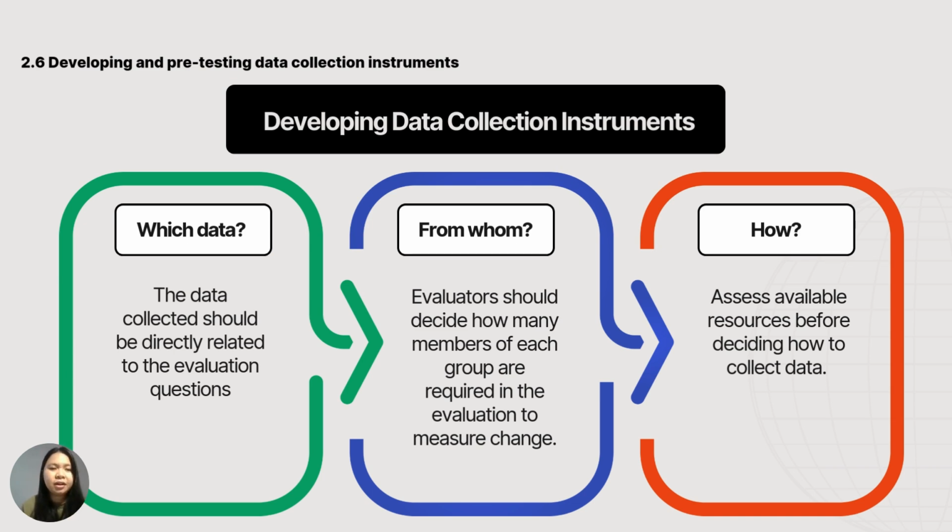So the data collected should be directly related to the evaluation questions, and evaluators should decide how many members of each group are required in the evaluation to measure if there are significant changes before and after implementing the intervention, and how we assess available resources before we decide on the data collection procedure.